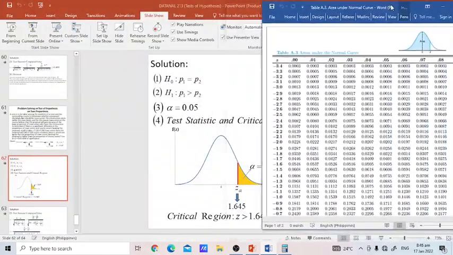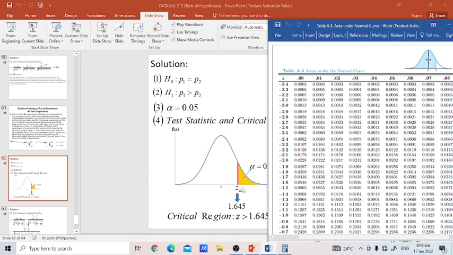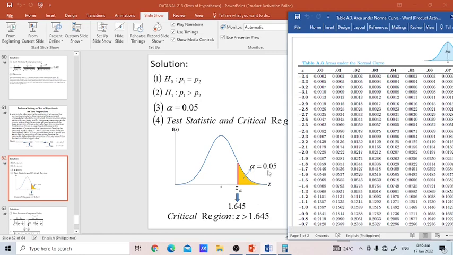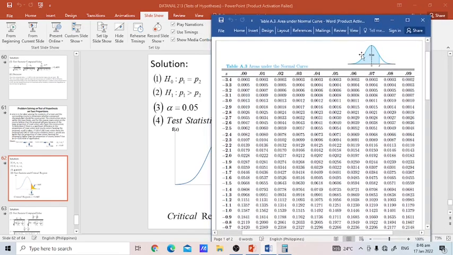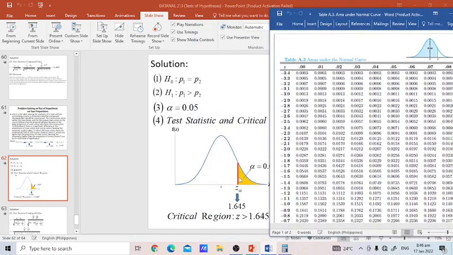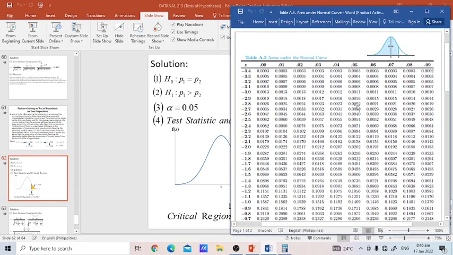Okay, so 0.05. As you notice, we don't have area to the right in our table, so we adjust. We look for the 0.05 area on the left, since the 0.05 is on the right. We expect a negative value there, so if it is on the right, the z is positive. We find that area, between 0.0505 and 0.0495.